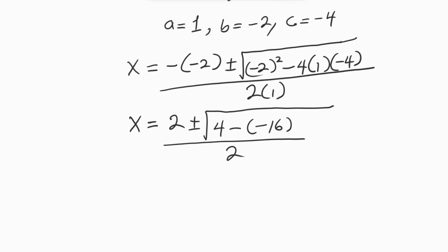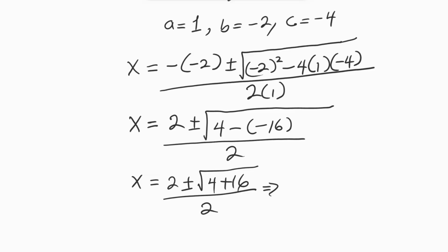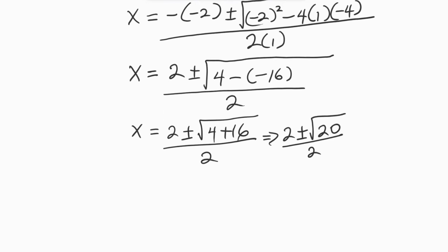Right, so now we have x is equal to 2 plus or minus square root of 4 plus 16, divided by 2. And this becomes 2 plus or minus root of 20 divided by 2.